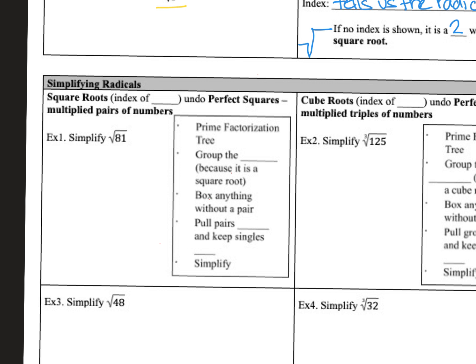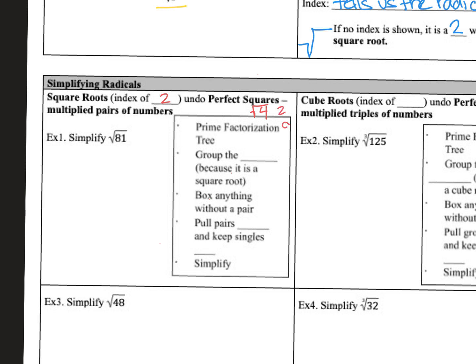Now, what my square roots do is I'm just finding and undoing all of my perfect squares. So remember what perfect squares are. It's any number times itself. So for example, we know that 4 is a perfect square, right? Because 2 times 2. So the square root of 4 is 2.